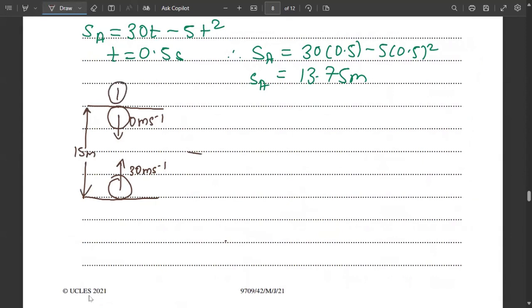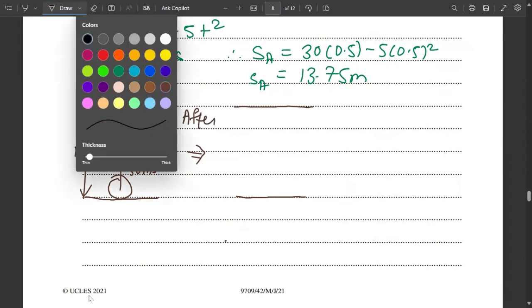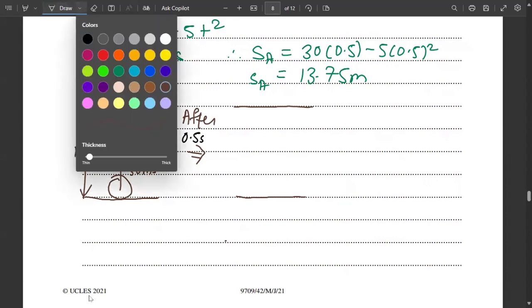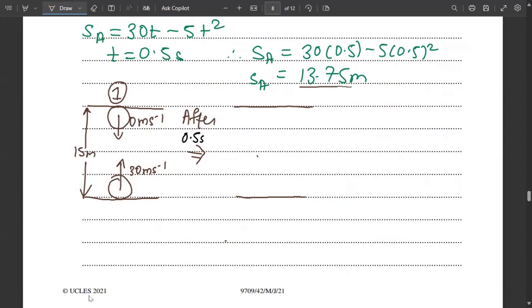Then what happens is, after 0.5 seconds, A moves up 13.75 meter. So 13.75 will be somewhere here.